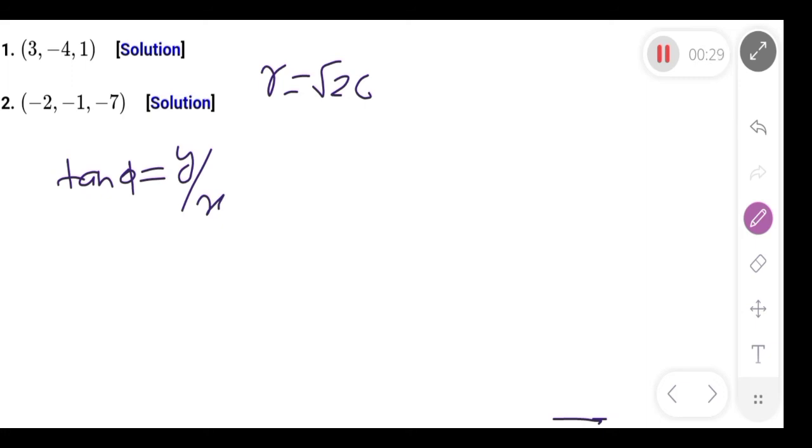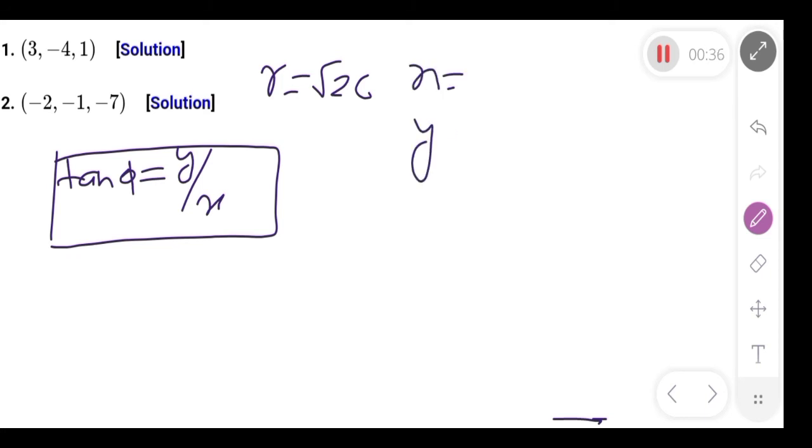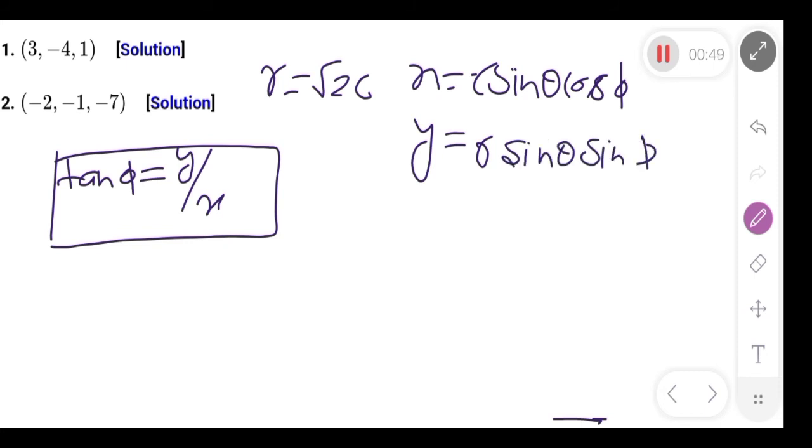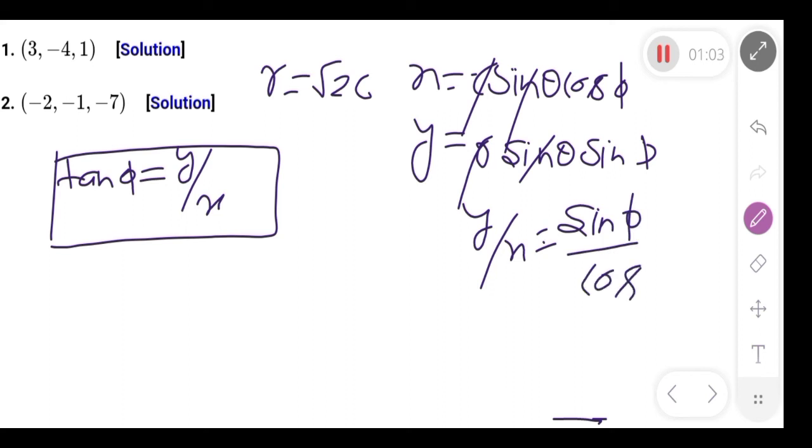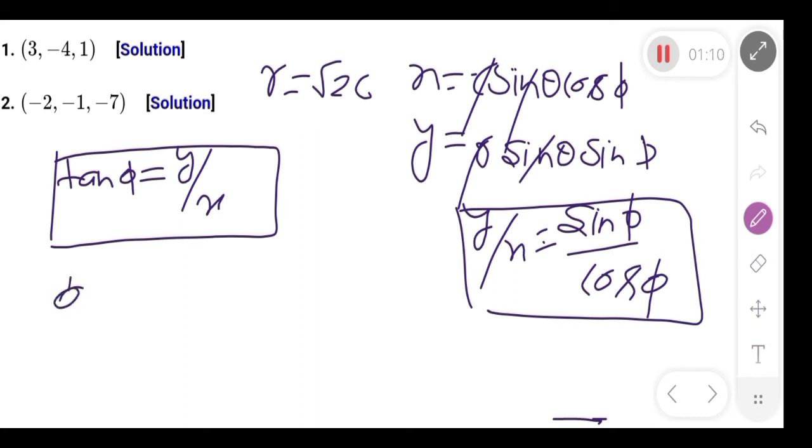From x equal to r sin theta cos phi and y equal to r sin theta sin phi, we divide y by x, then r cancels out and sin theta cancels out, and we get y upon x is equal to sin phi upon cos phi, which is tan phi. Then phi is equal to tan inverse of y by x, where y is minus 4 and x is 3.